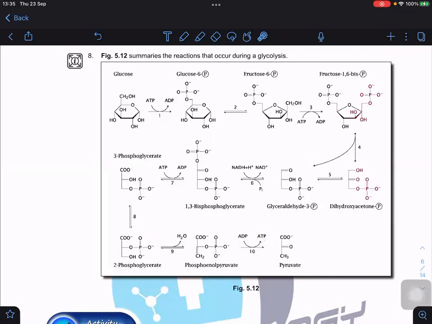This is from one glyceraldehyde, so we have another one. Basically 2, so in total we have 4 molecules. Again, do not need to worry about this diagram. It's just the overall process.